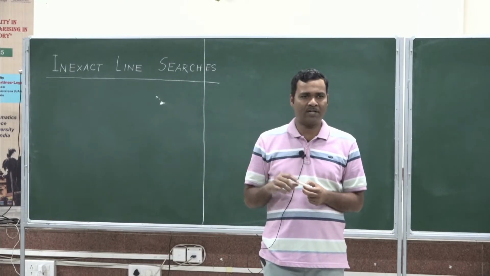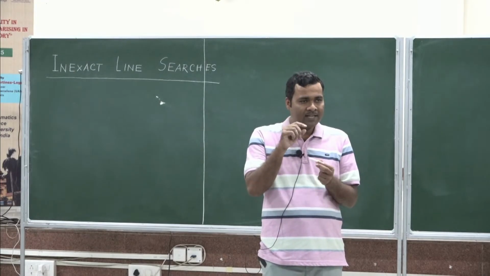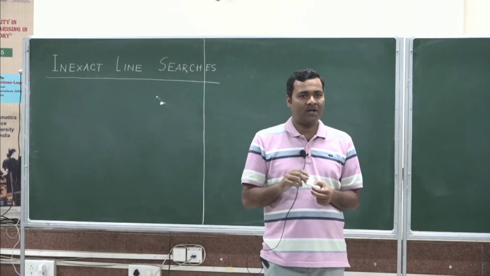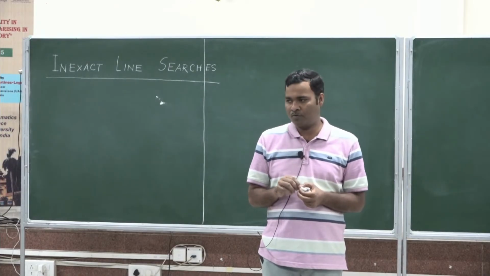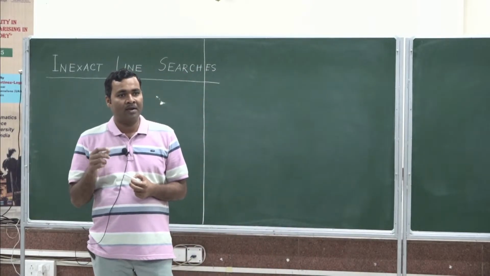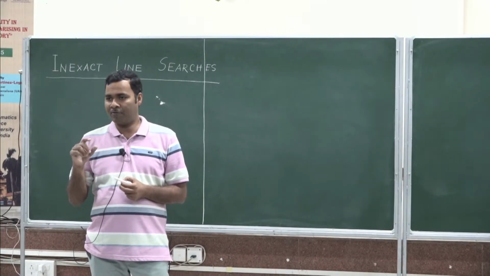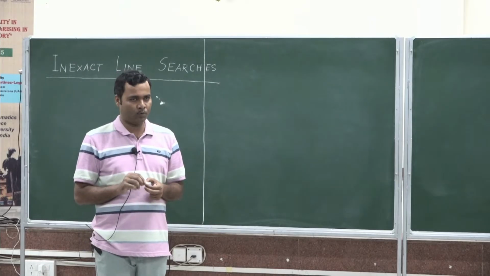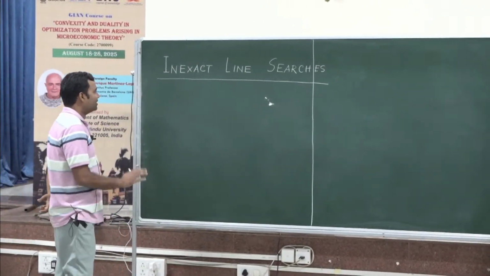I will mention what the gradient related condition is. If d_k satisfies that condition, any general descent algorithm will have global convergence if we follow the weak Wolfe or strong Wolfe condition. That we shall prove. Let's start describing these 4 particular ancient inexact line searches.